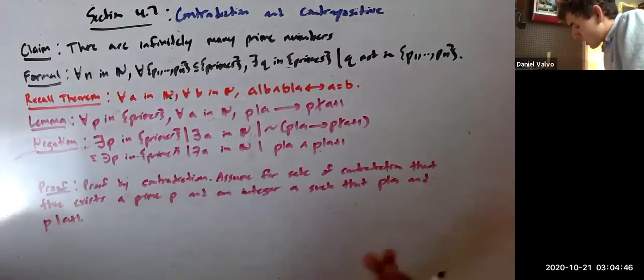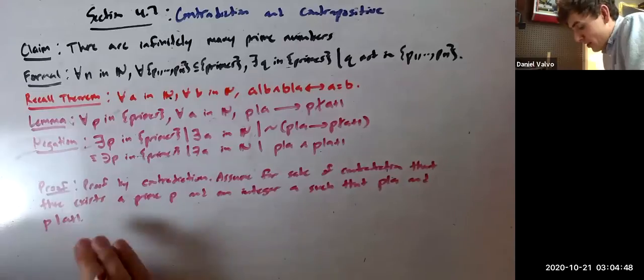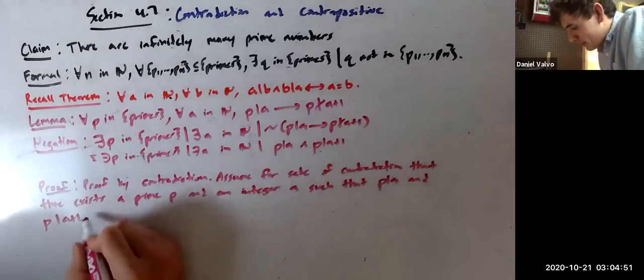So how does the proof go? Knowing that P divides A and P divides A plus 1, the next natural step is to just say what that means.